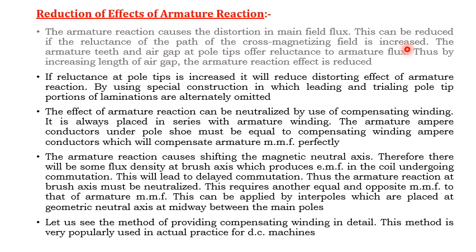We need to increase the length of the air gap at the pole tips, which offers reluctance to the armature flux. If we increase the length of the air gap, it leads to a reduction in the armature reaction.